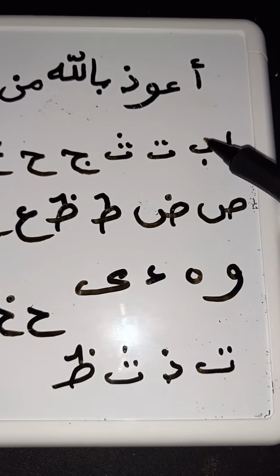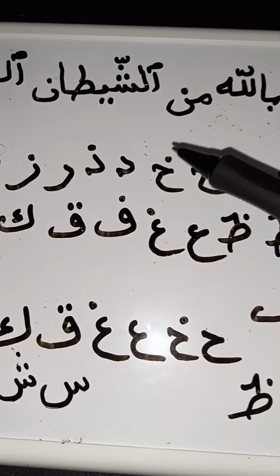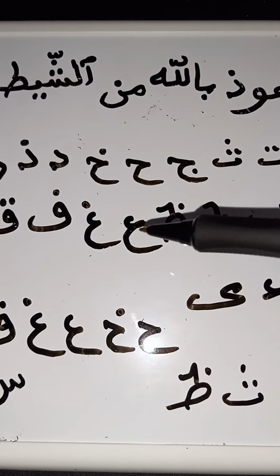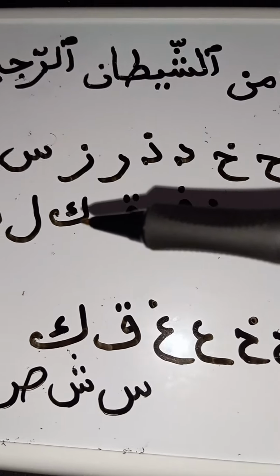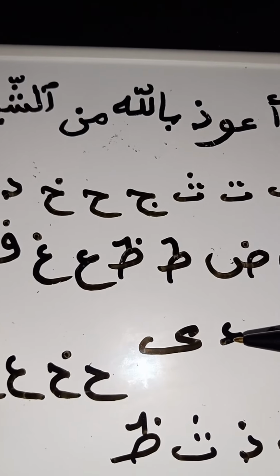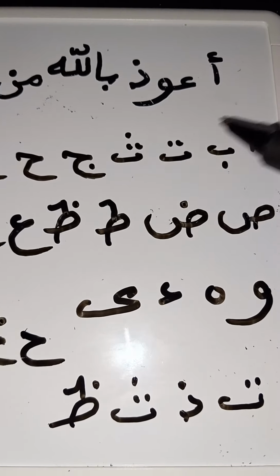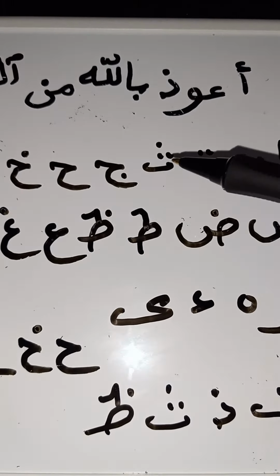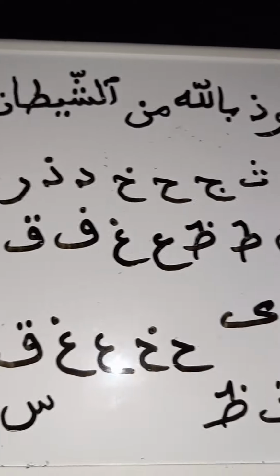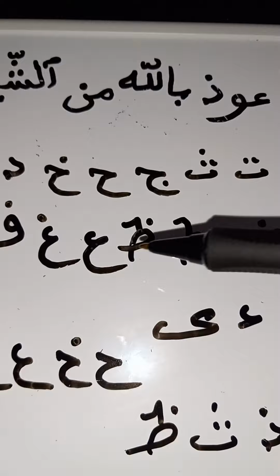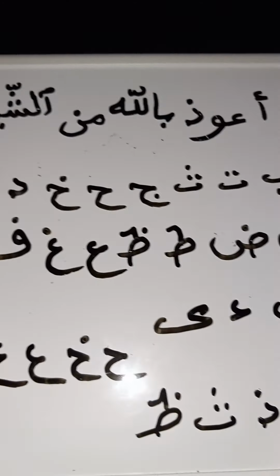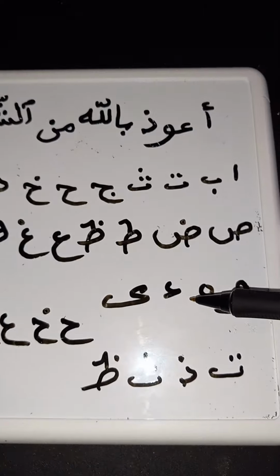So this would be: a, ba, ta, tha, ja, ha, kha, da, tha, ra, za, sa, sha, sa, da, ta, dha, a, gha, fa, qa, ka, la, ma, na, wa, ha, a, ya. And that was fatha; now kasra on each letter follows.